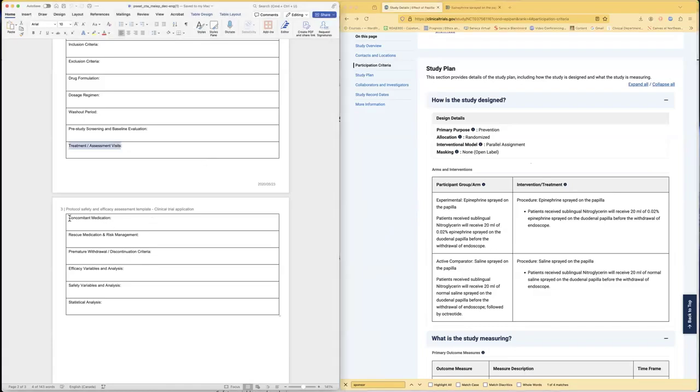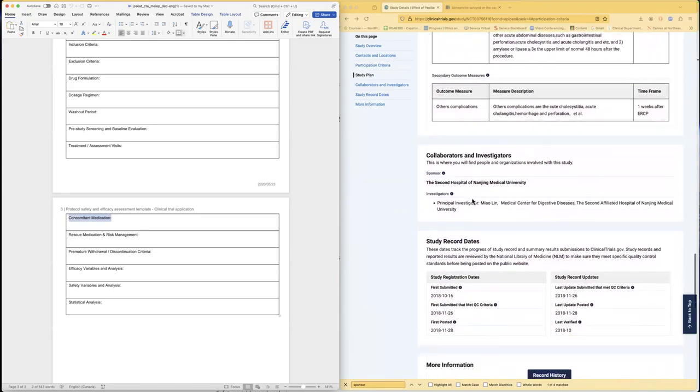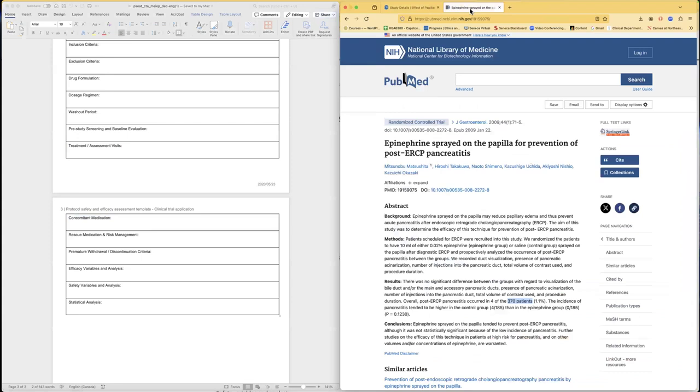Now, for the concomitant medication, is any medication allowed to be used by any patient during the clinical trial? So here again, if the information is available, of course, on clinicaltrials.gov, we are going to write this down. If not, we can always look into any publication, and in the real world, we do have access to the clinical trial protocol.